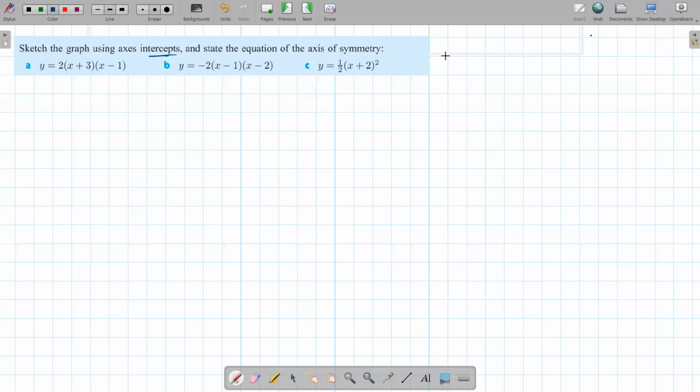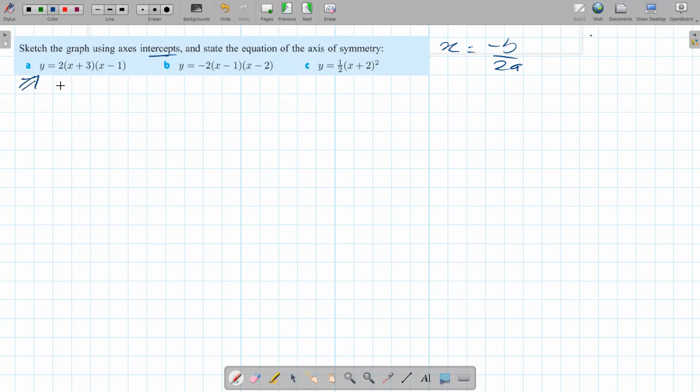We need to use the y-intercept and x-intercept to graph these equations, right? And we need to determine the equation of the axis of symmetry, which is x equals negative b over 2a.